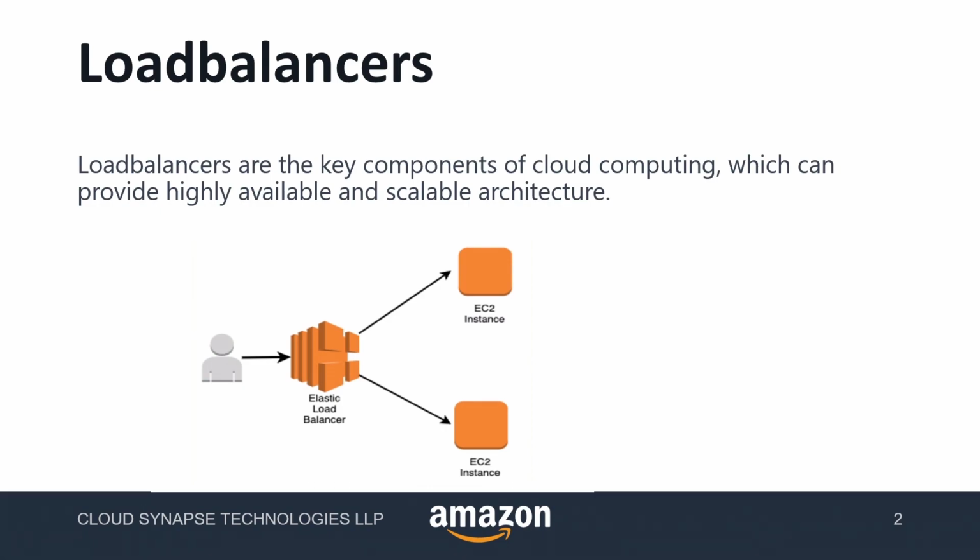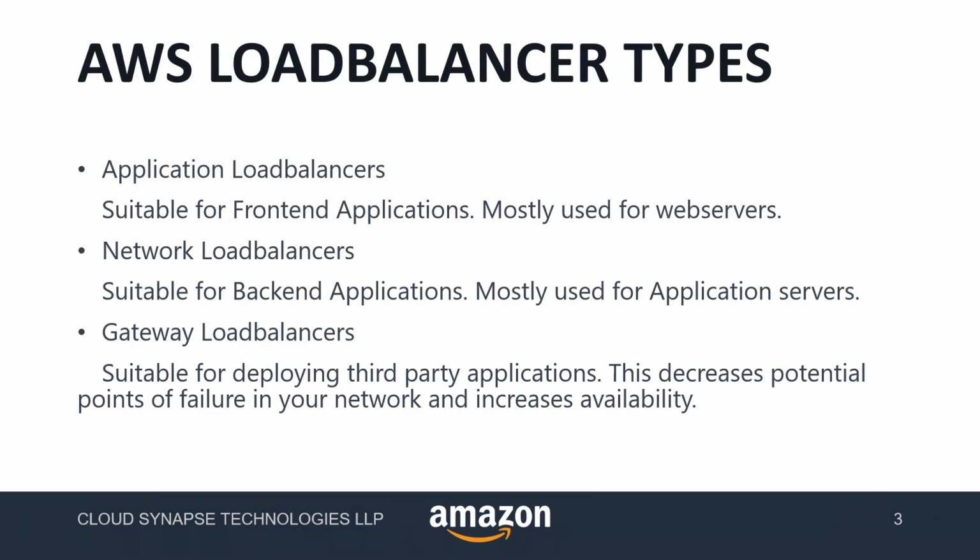Imagine I have two EC2 instances running with the same application. If I wanted to split the traffic equally between those two servers, I can use Elastic Load Balancer. Load balancer types: application load balancer, network load balancer, gateway load balancer.